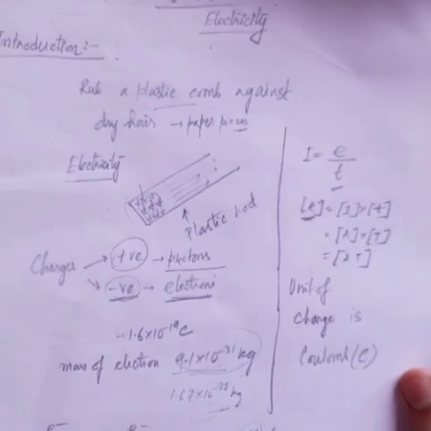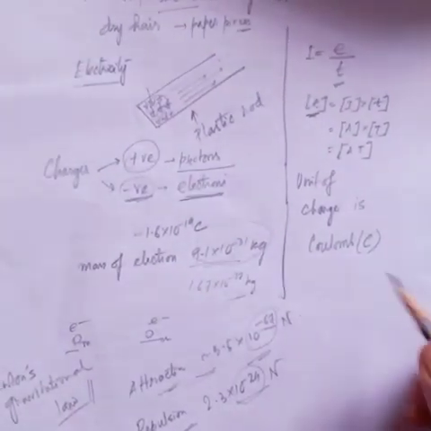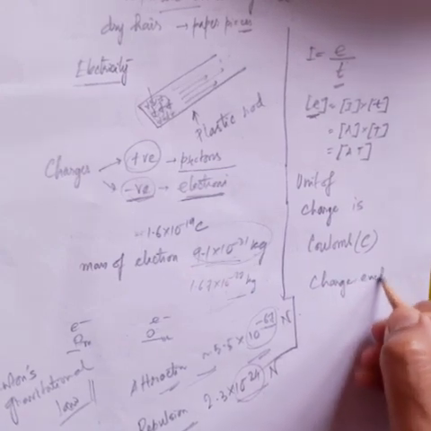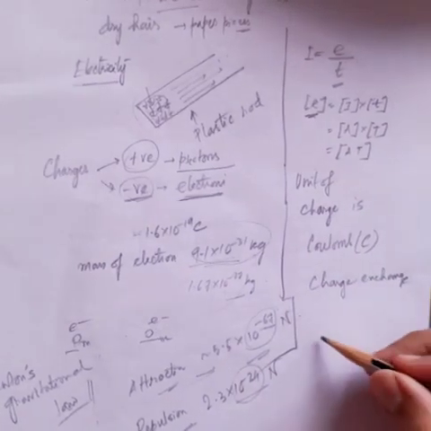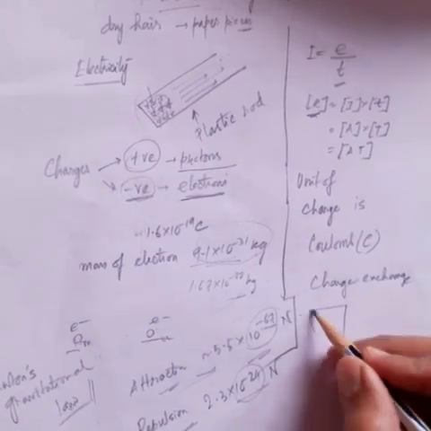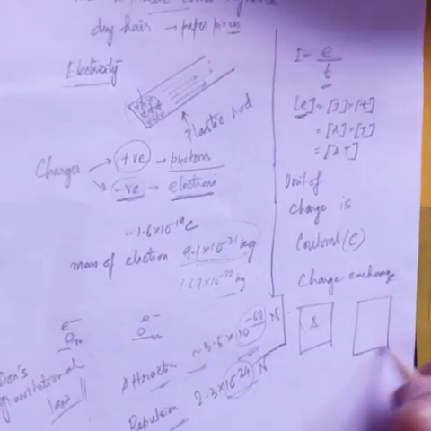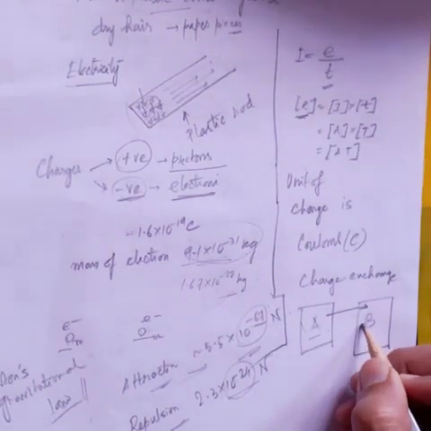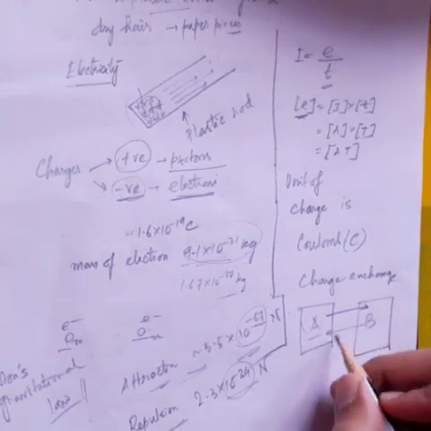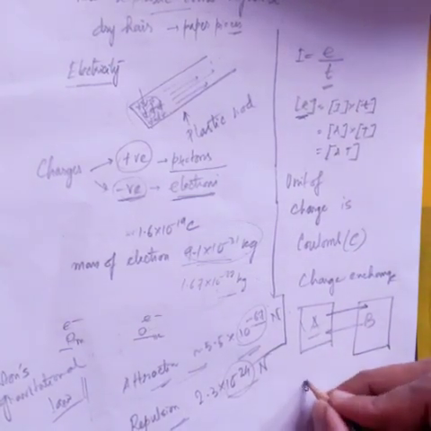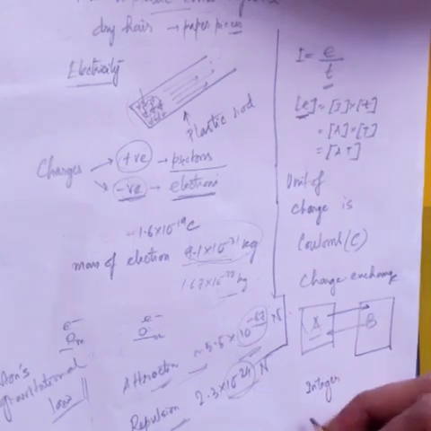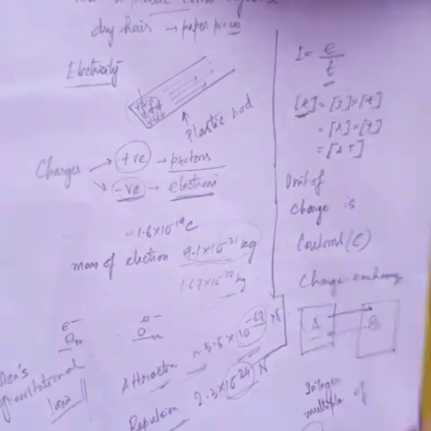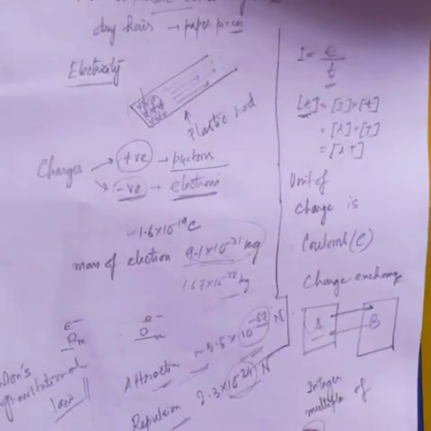And one more important topic that you have learned: whenever there is a charge exchange, suppose there are two bodies, body A and body B, and they are exchanging charge, that is A is giving some charge to B or B is giving some charge to A. This charge exchange has to be an integer multiple of e. What is e? e is the charge of one electron.